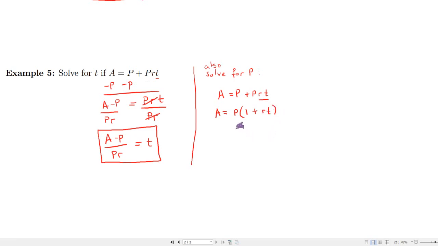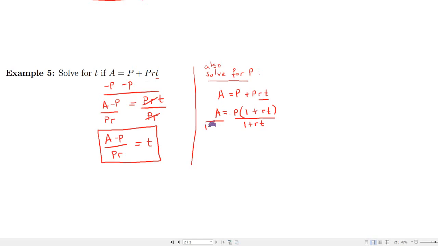Right? And if you're ever worried whether or not you did the factorization correctly, you could just multiply back in and check yourself real quick. So if I multiply this p in, p times 1 is p, times rt is prt. So definitely correct. And now, if you want to solve for p, well, we have p isolated as this term here, and so we would just have to divide both sides by this factor. So let's divide both sides by 1 plus rt.